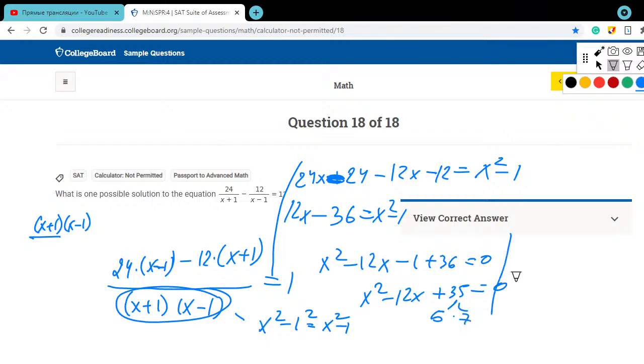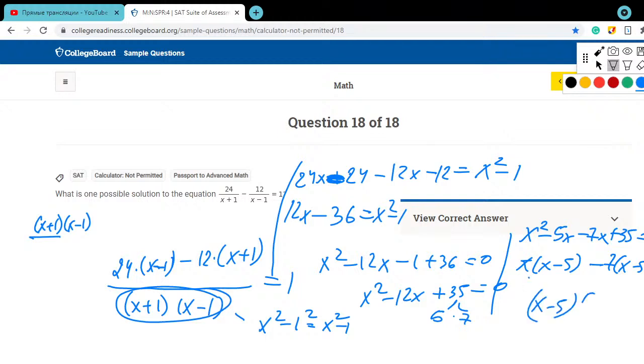So I use x squared minus 5x minus 7x plus 35 equals 0. x minus 5 times x minus 7 equals 0. So here x1 is 5, and from here x2 is 7.